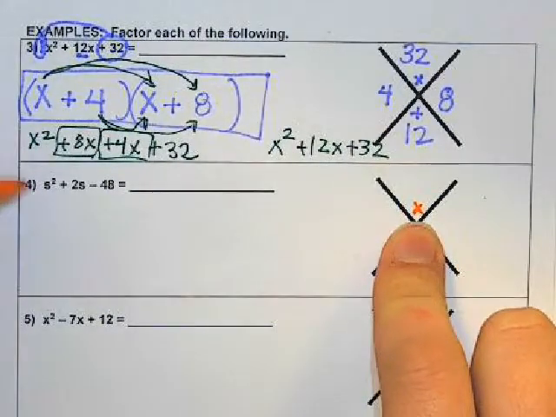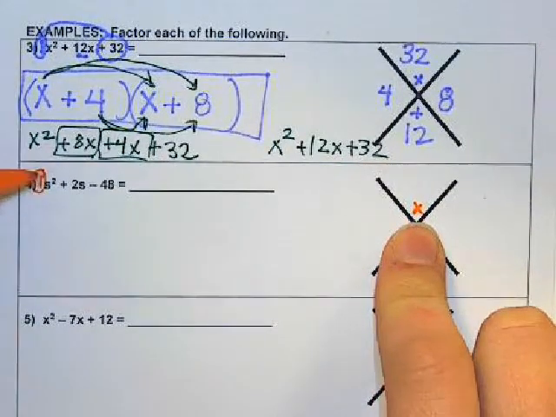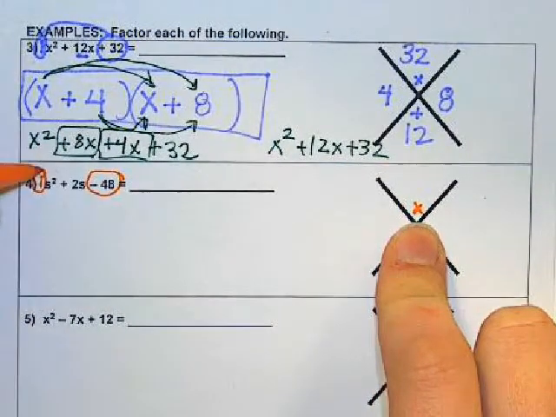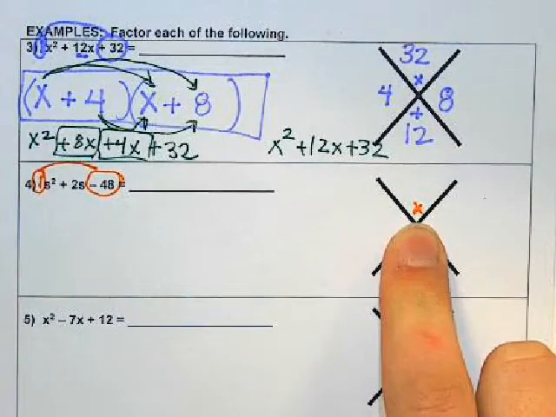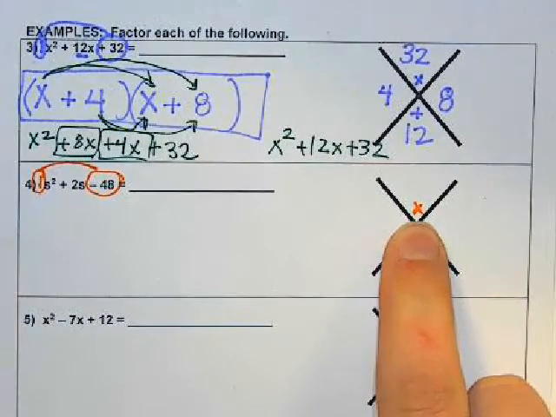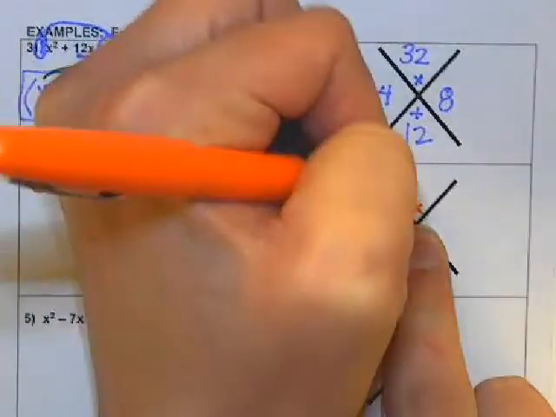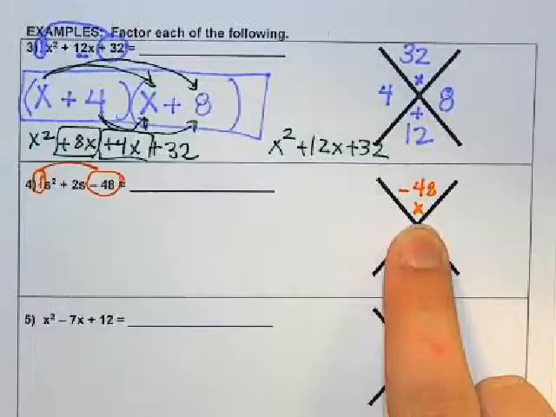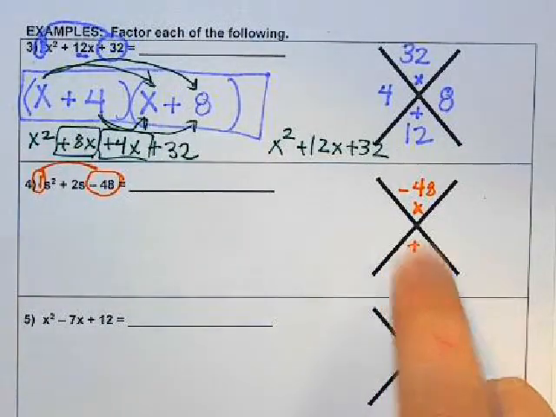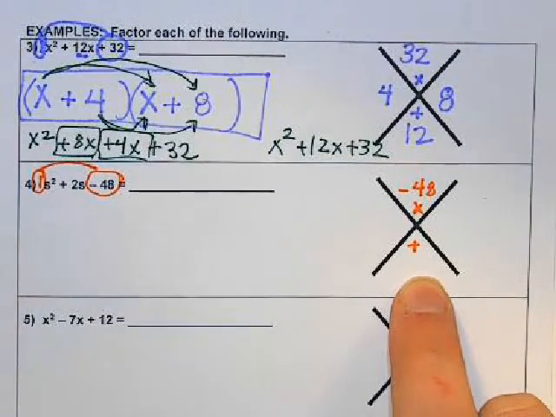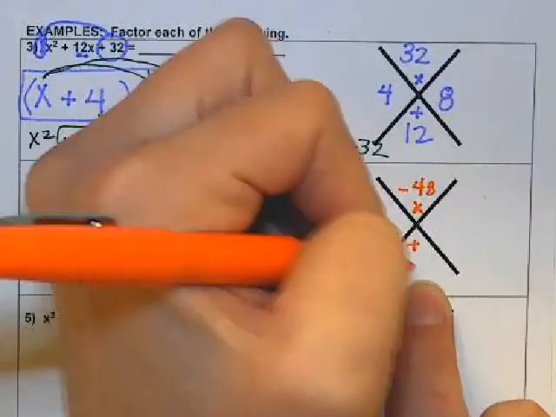Multiply the first and the last. So 1 times negative 48. What is 1 times negative 48? Negative 48. And how do I find my bottom number? The middle one, which is 2.